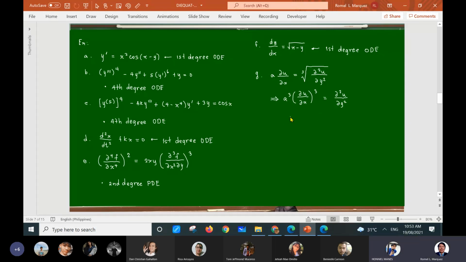Second. And what's the exponent? First degree. What is the exponent? 1. So it means like this, raised to 1. Okay? So it is what? First degree. Okay now, guys? First degree, PDE.